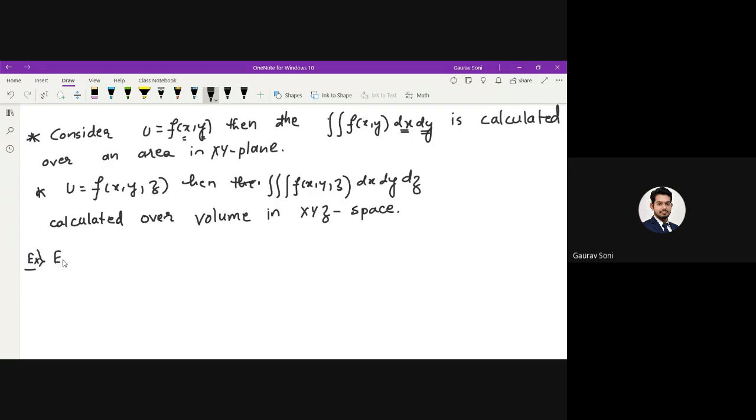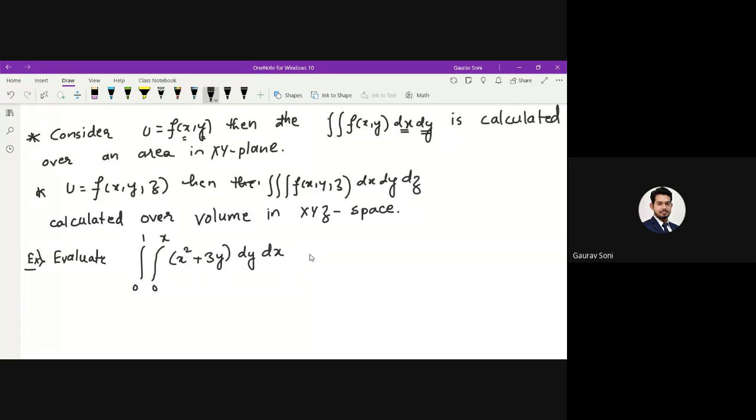So if I want to evaluate integration 0 to 1, don't think about the limits, how the limits are done. We are going to discuss it after some time. So we have x square plus 3y dy dx.